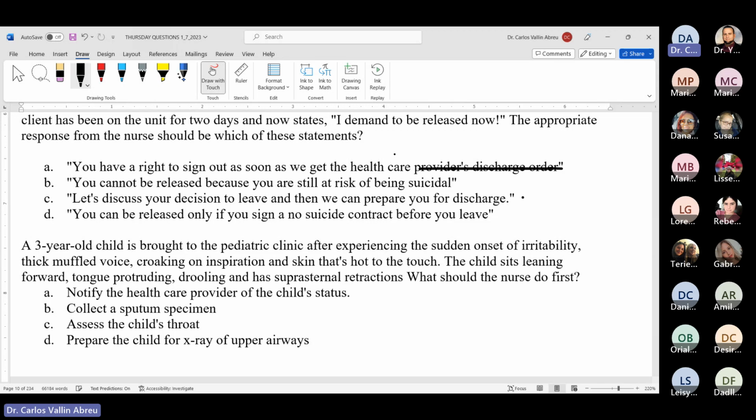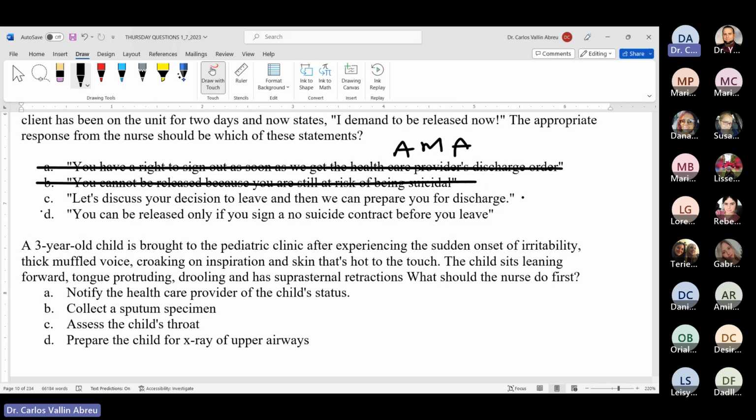They can leave against medical advice. So this option is incorrect. You cannot condition the discharge on the doctor's order, because then it could be a case of false imprisonment. You cannot deny the right to leave. So definitively no.